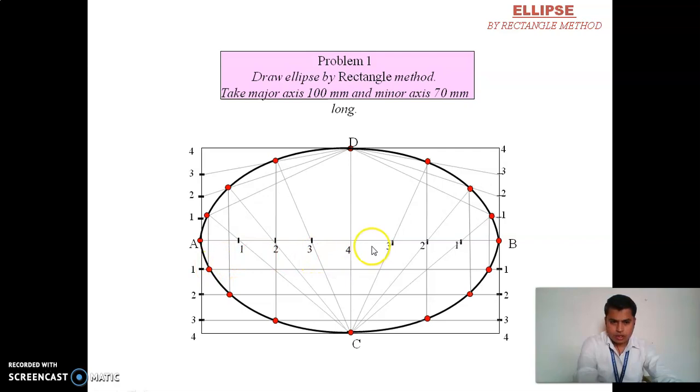This way you are able to complete the ellipse, the curve that you are getting with black color. That complete curve is nothing but an ellipse. It is closed inside the rectangle, so it is called the ellipse by rectangle method.